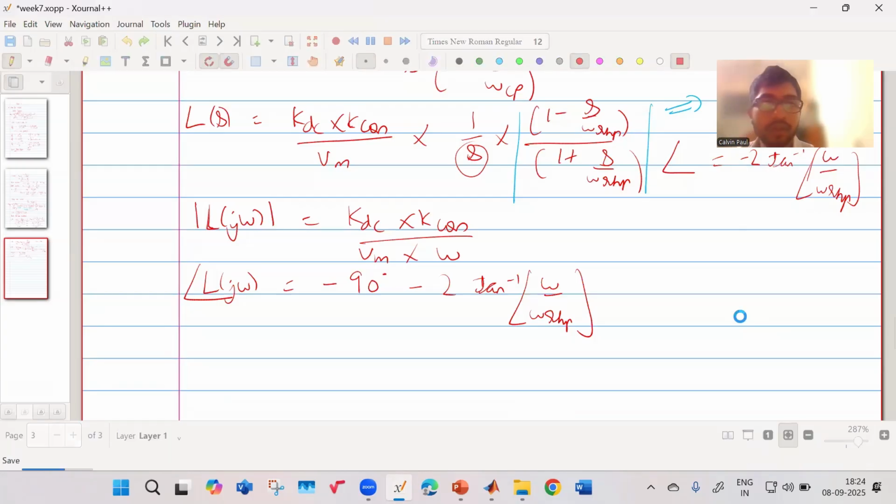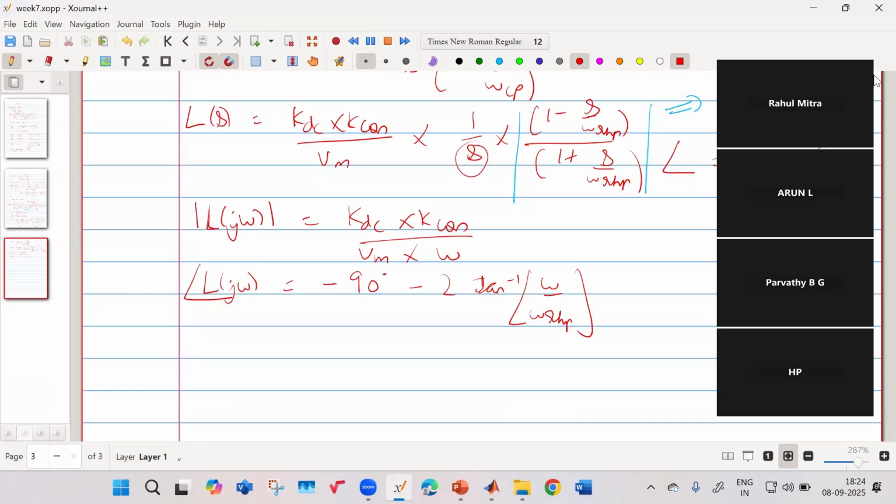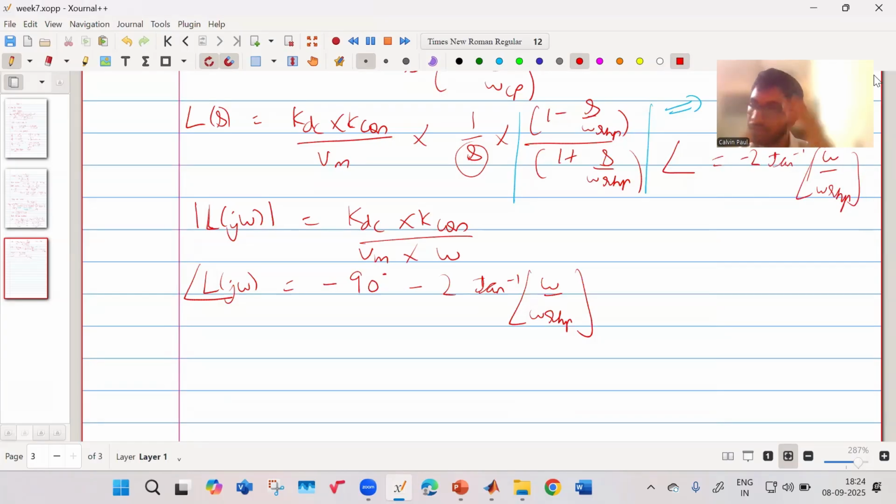Now, what is phase margin? What do you remember from the term phase margin? And why is phase margin important? Any idea? 180 plus phase angle at the gain crossover frequency. Okay.